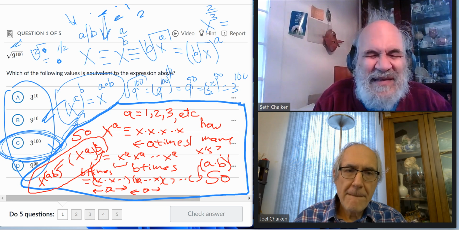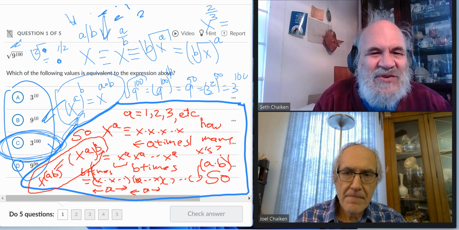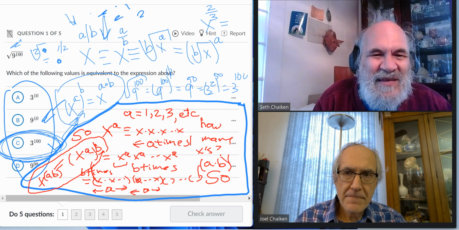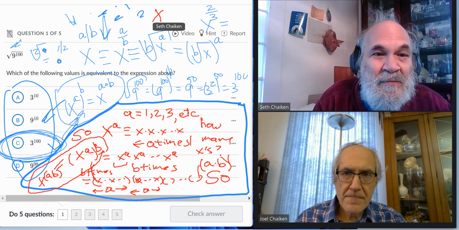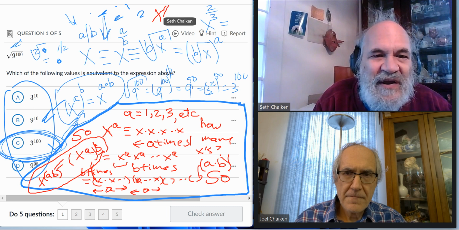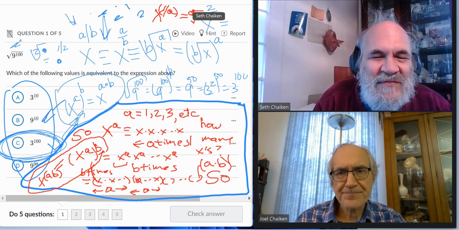And so in this analysis, this rule must be shown to be consistent with the rule that Joel stated, that x to a fraction, I'll put it this way, x to the 1 over a is the eighth root of x.